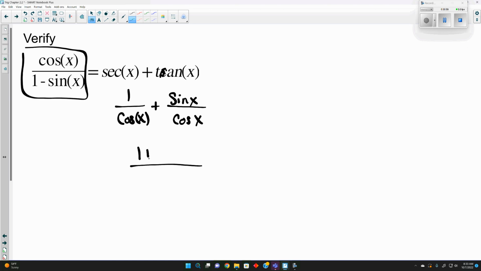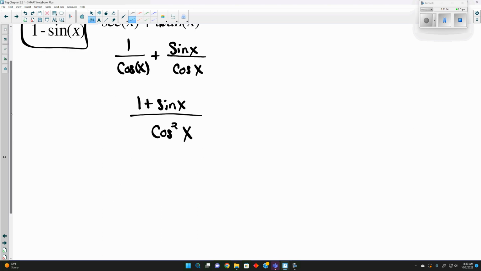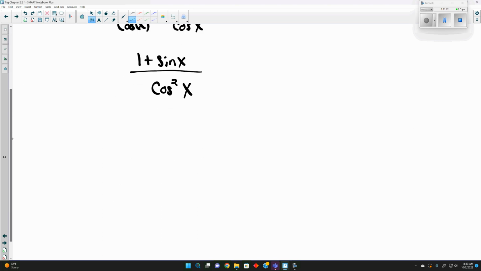We can add these together and we get 1 plus sine of x over, we get this here, yes? Now what is cosine squared of x? 1 minus sine squared of x. And we have 1 plus sine of x on top.